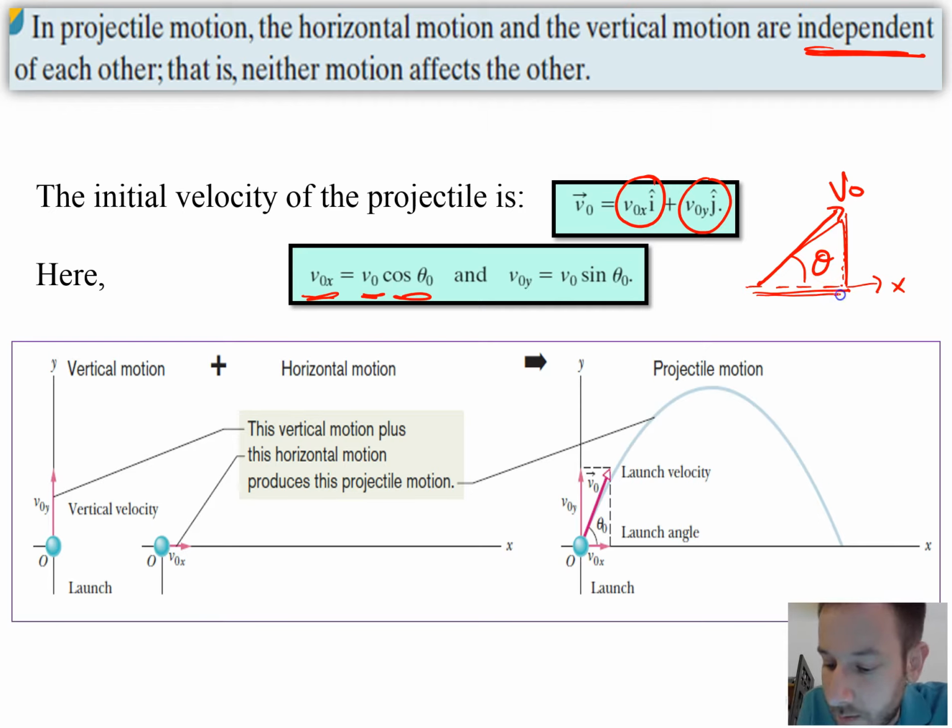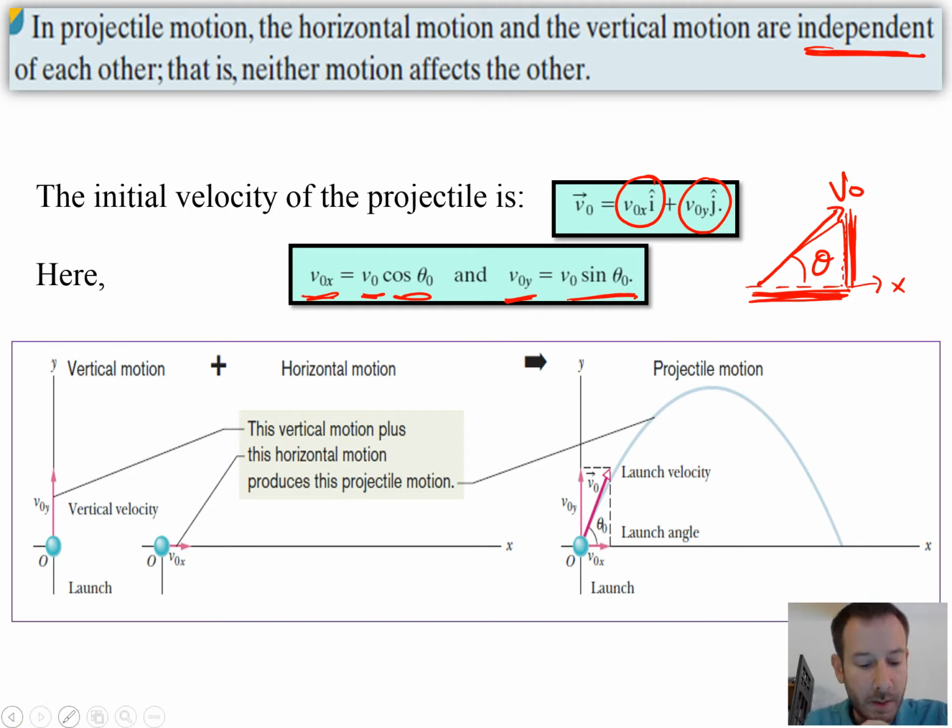If I wanted just this component right here, just the x component, you would multiply by the cosine of theta. And the same for the y. So the y component is going to be multiplied by the sine of theta, right there. Right, so that's just what it's shown here. So v naught y can also be written as v naught times the sine of theta.